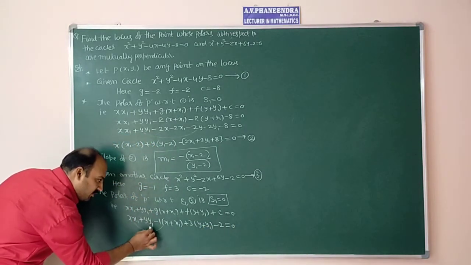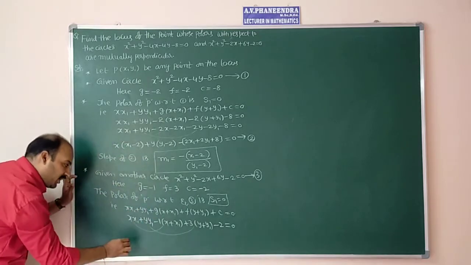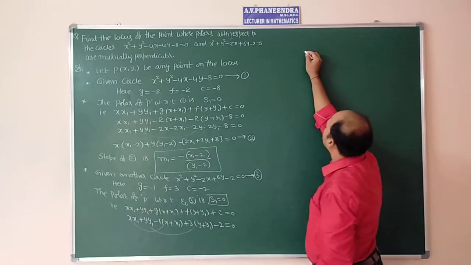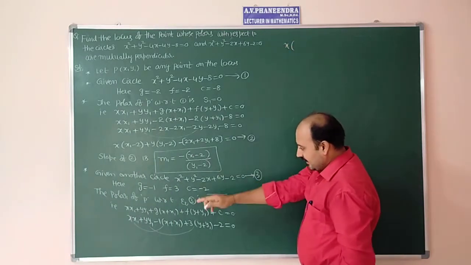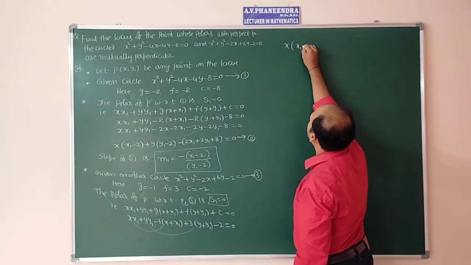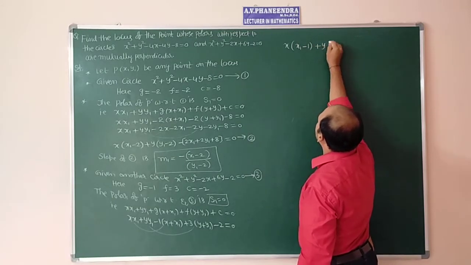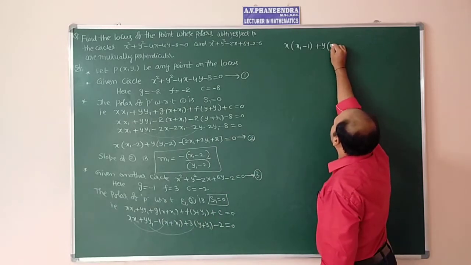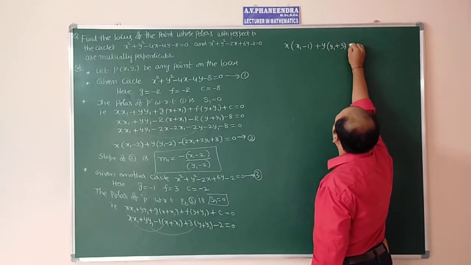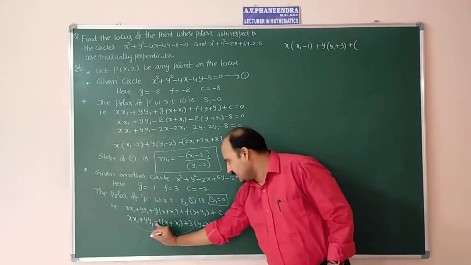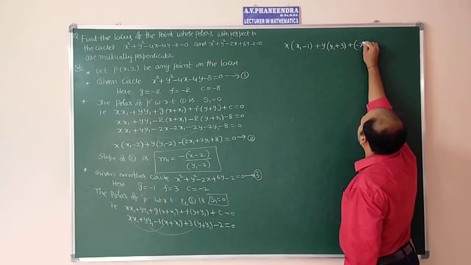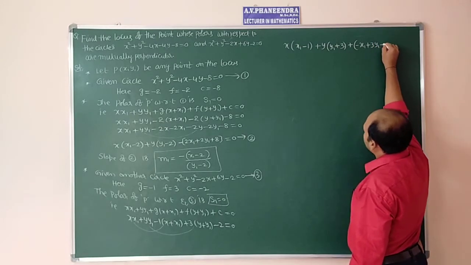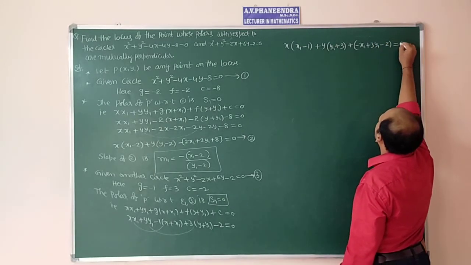From these two take x common, from these two take y common, and the rest of the terms: x(x1 - 1) + y(y1 + 3) + (-x1 + 3y1 - 2) = 0.